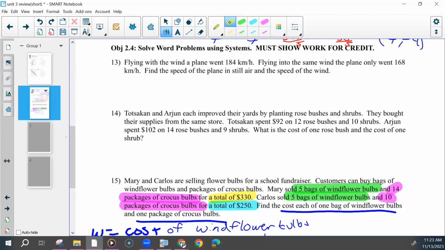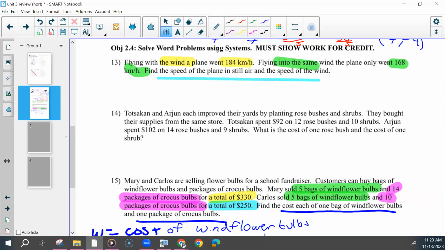So important things. With the wind, 184. Into the same wind, 168. And then we're looking for the speed of both.